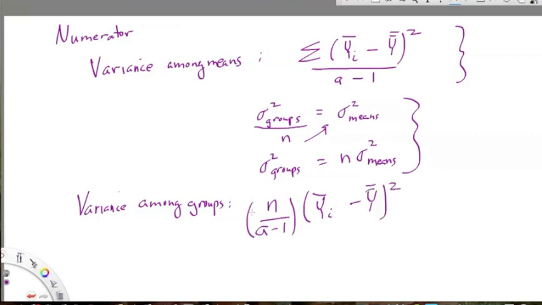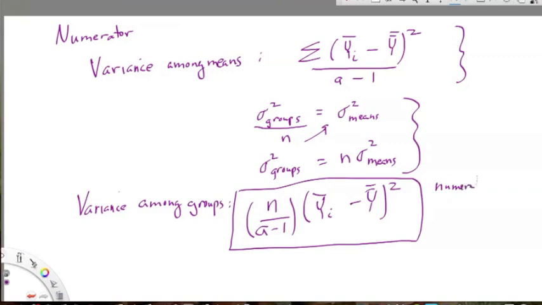Okay, so the variance among groups just comes from this: we have the variance among means, but we're multiplying by n. All right, so remember this. This is going to be our numerator. And we already have our denominator, so let's now put them together and construct our F.